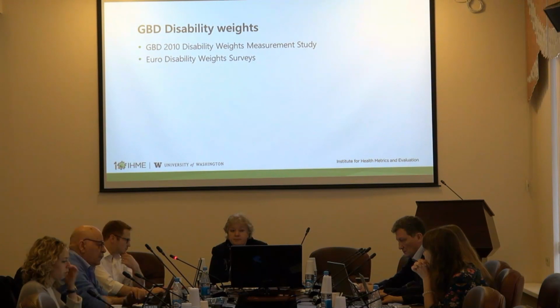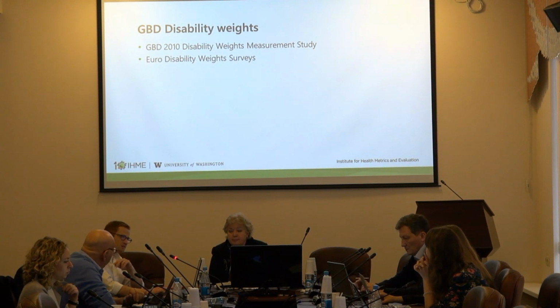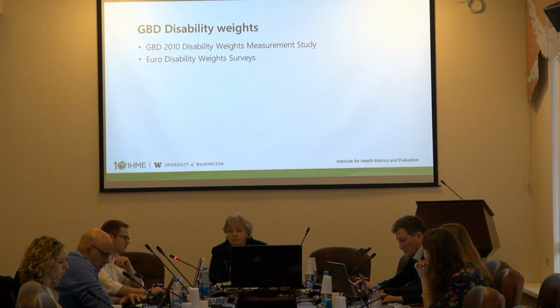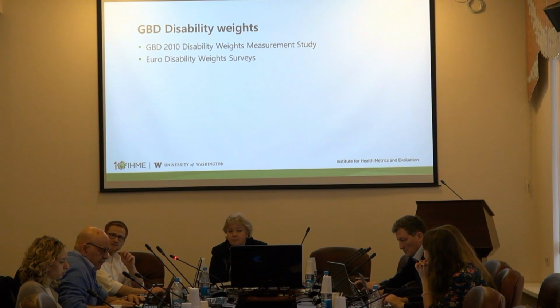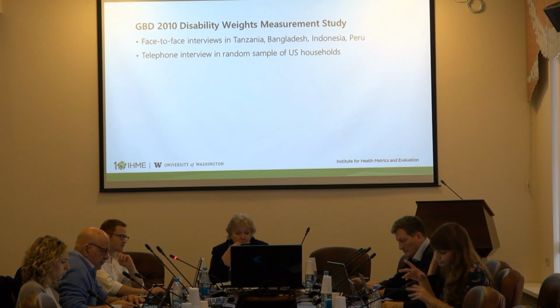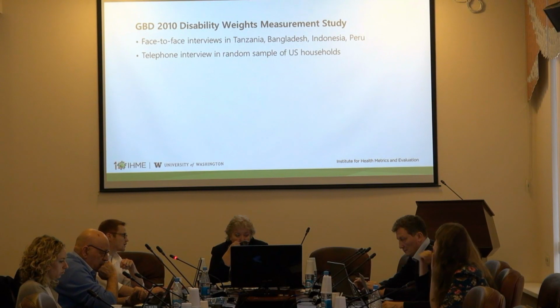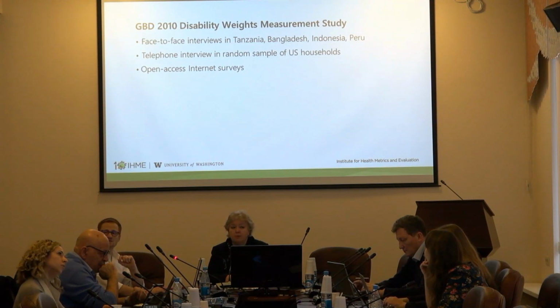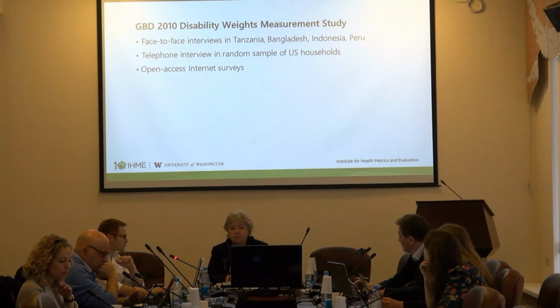The disability weights that we use in GBD come from two studies that have employed the paired comparison approach. The first is the GBD 2010 Disability Weights Measurement Study, and the second is the Euro Disability Weights Measurement Study. The first of those is based on face-to-face interviews in Tanzania, Bangladesh, Indonesia, and Peru, with telephone interviews of a random sample in the US, and then open access internet surveys around the world.